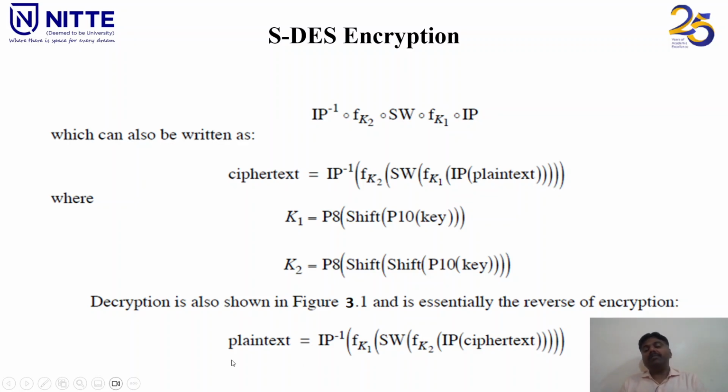How I'll be able to get back my plain text is: the ciphertext goes through initial permutation, then is passed into the function f with the k2 value, then swapping. The output of that I give to the function f with the k1 value. At last I'll perform the inverse initial permutation. So these are the steps involved in SDES.